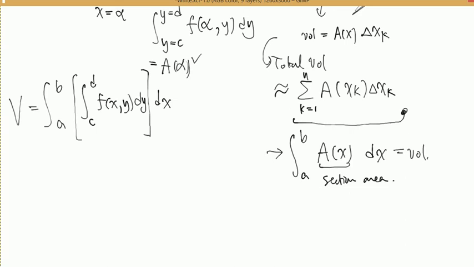In this dy and dx, there is a wide space in between dy and dx. But in a double integral, there's no space. This is four letters combined, dx dy, not dy and dx. This is one symbol. So make sure you use a little bit of space when you're writing an iterated integral.